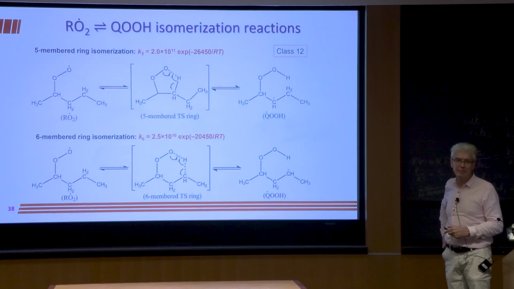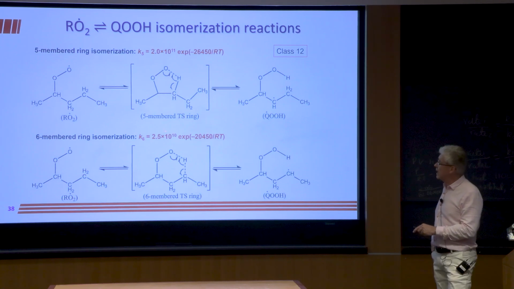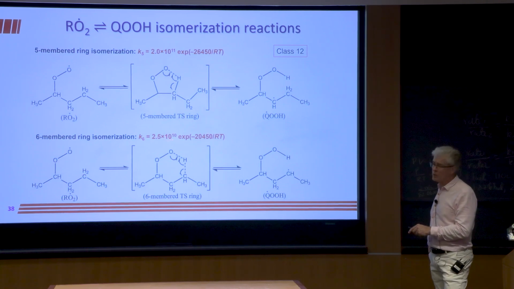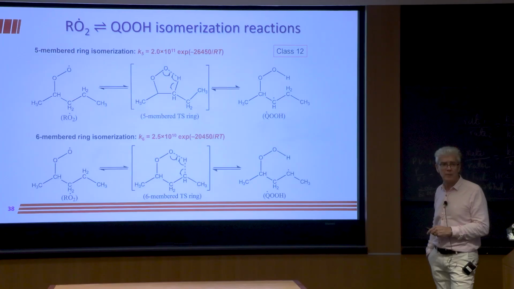Okay, in the 6-member ring, the rate constant is calculated to be almost an order of magnitude lower than here. So the frequency factor here is 2 times 10 to the 11 for the 5-membered ring. It's 2.5 times 10 to the 10 for the 6-membered ring, right?